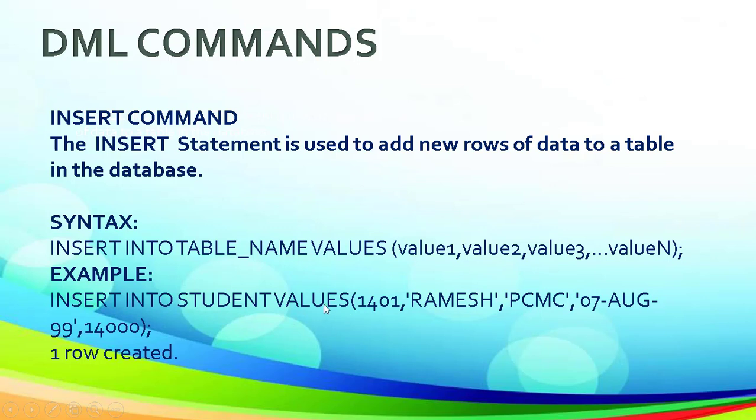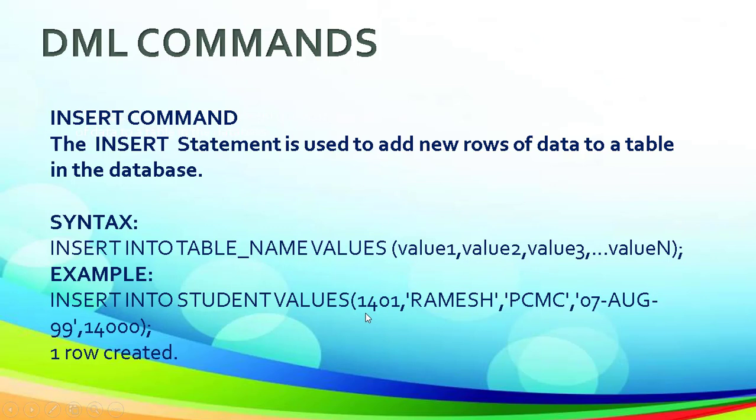That is, it has to be in the same columns as specified in the create command. The order should be the same and the values will be inserted. For example, you are given in the create command register number, name, combination, date and fees. Here the data should be entered in the same order.